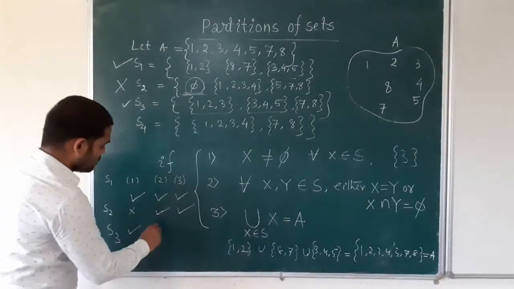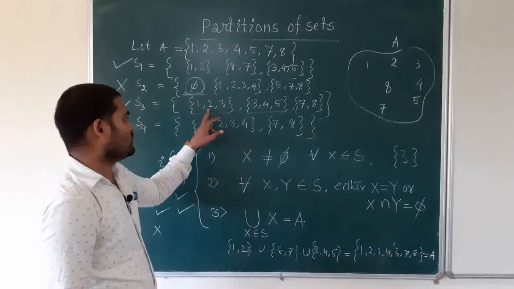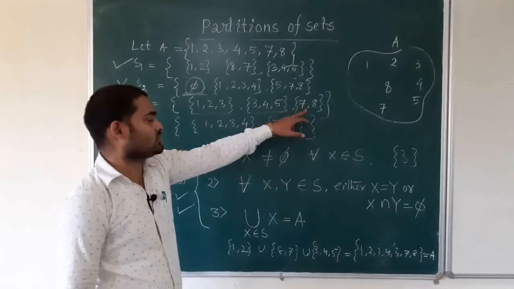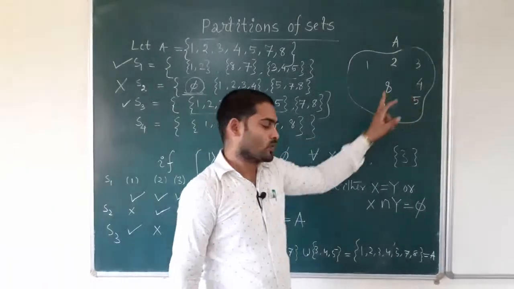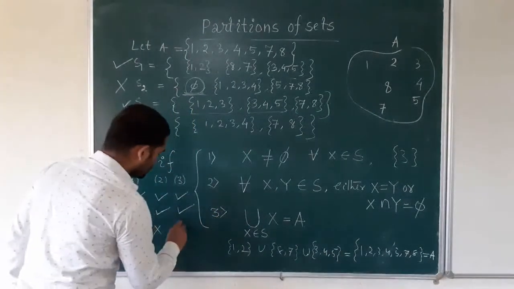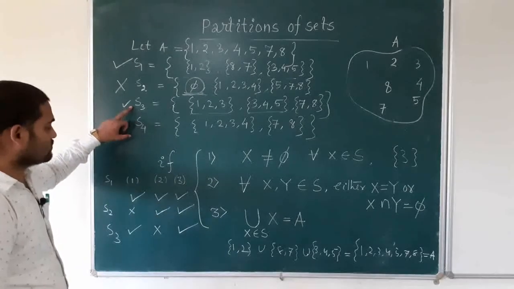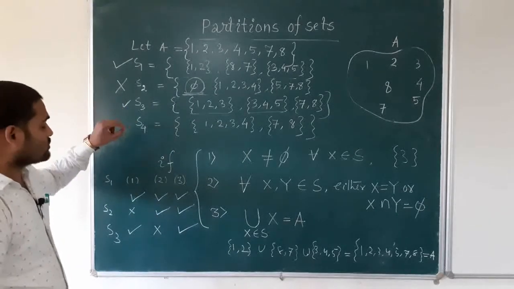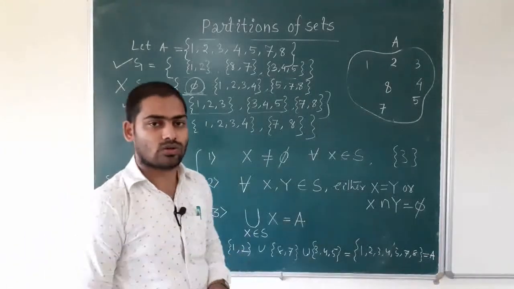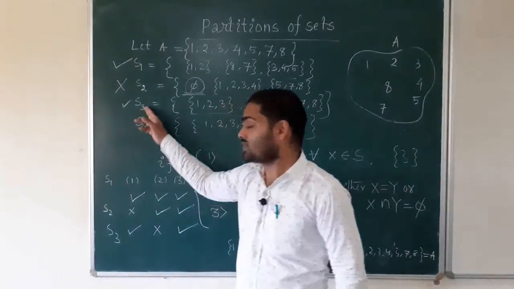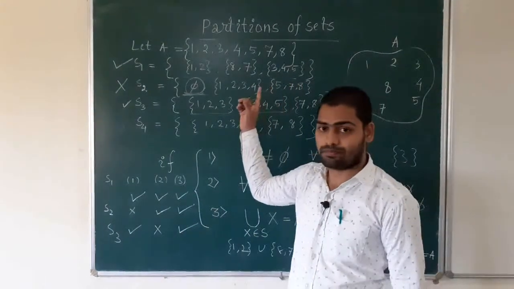So the second condition is not satisfied. For the third condition, the union of these three sets gives the set A, so it is satisfied. But as this collection does not satisfy all three properties, S3 is not a partition of set A.